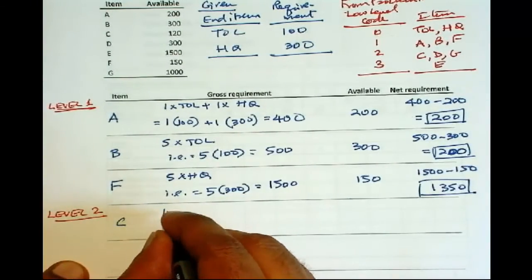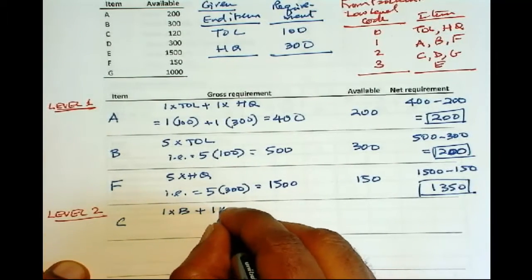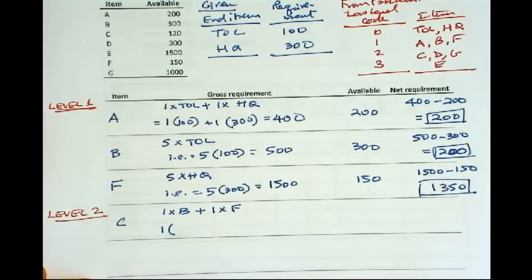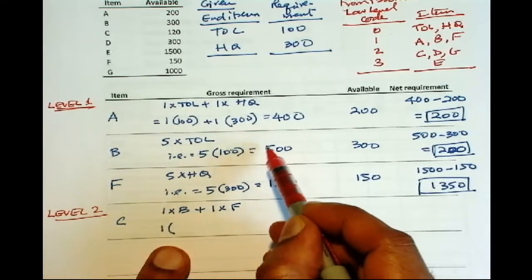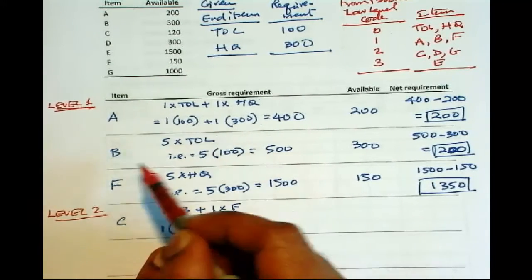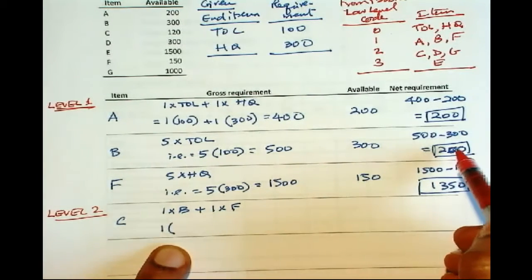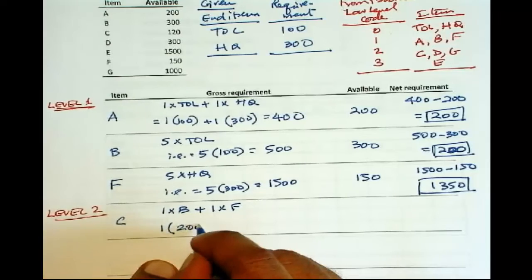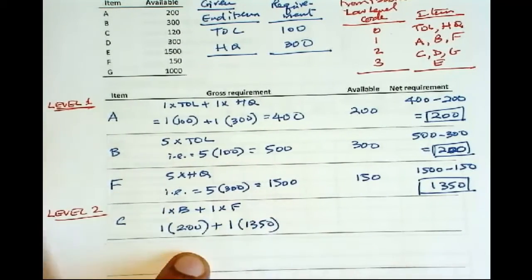So the gross requirement is 1 times B plus 1 times F. Now remember, this is from the net requirement. Don't use this quantity. This is the gross requirement for B, of which 300 are already available. You need to only make 200 of B. So when you use 200, and then 1 times F is 1350.